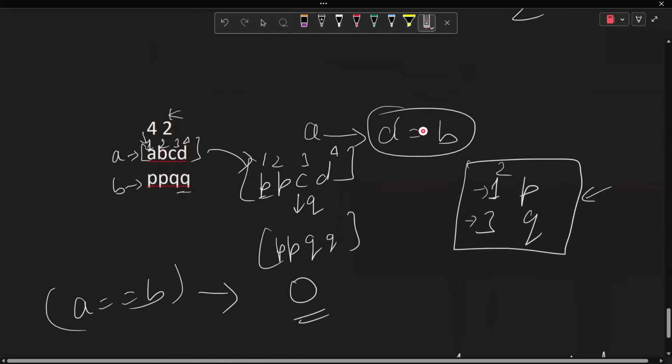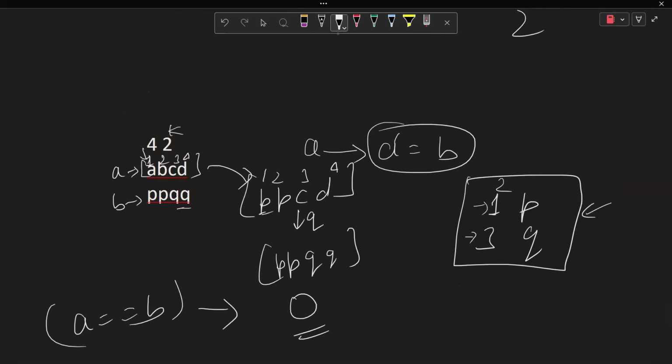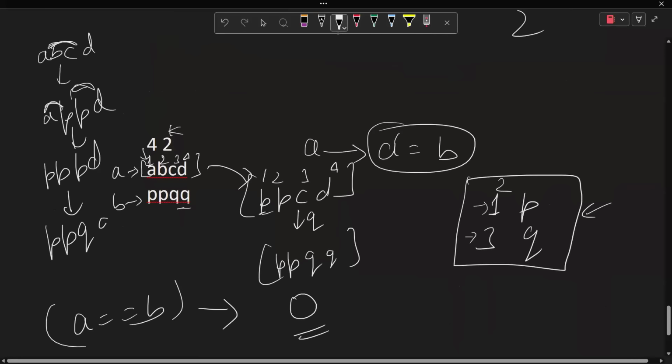Like here, maybe you could have done, if you have A, B, C, D, replaced this by A, P, P, D. And then replaced this by P, P, P, P, and then replaced this by Q, Q. This was also a valid way of doing the transformation using 3 transformations. This answer would also be accepted because you don't need to minimize the number of transformations. You just need to find any way in less than 2n transformations.